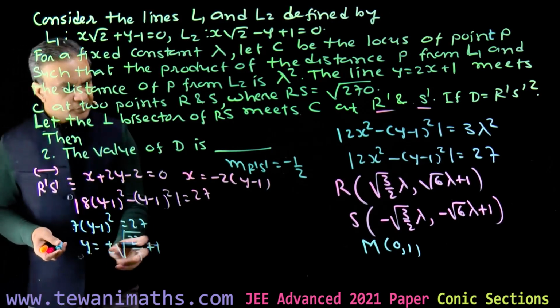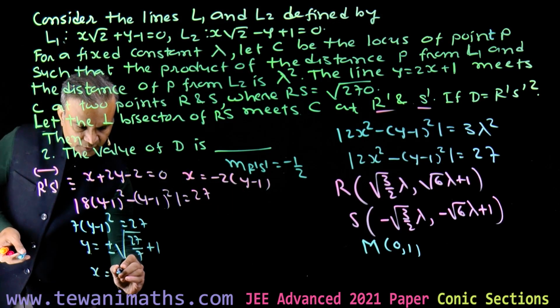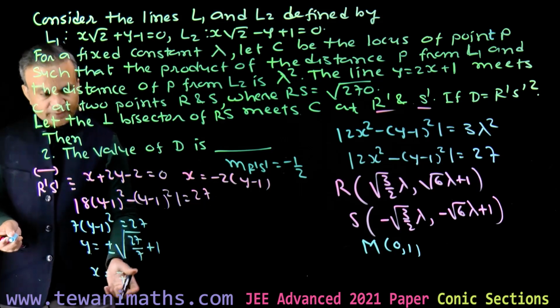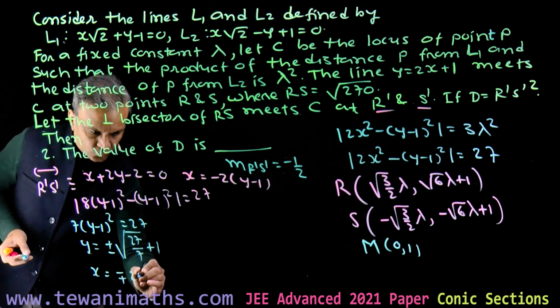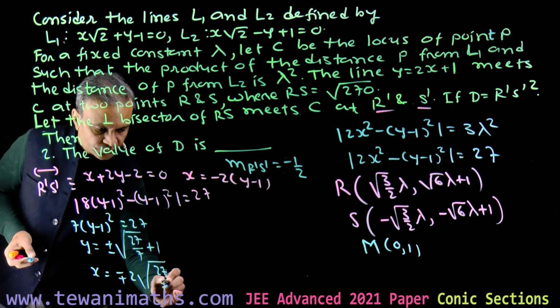With these values of y, we will get corresponding values of x. Values of x will be minus plus 2 into root 27 over 7.